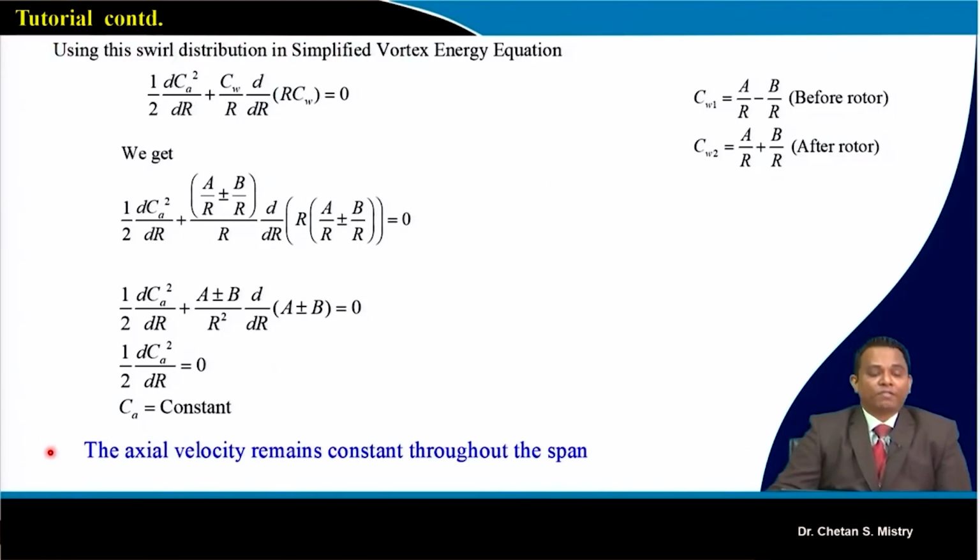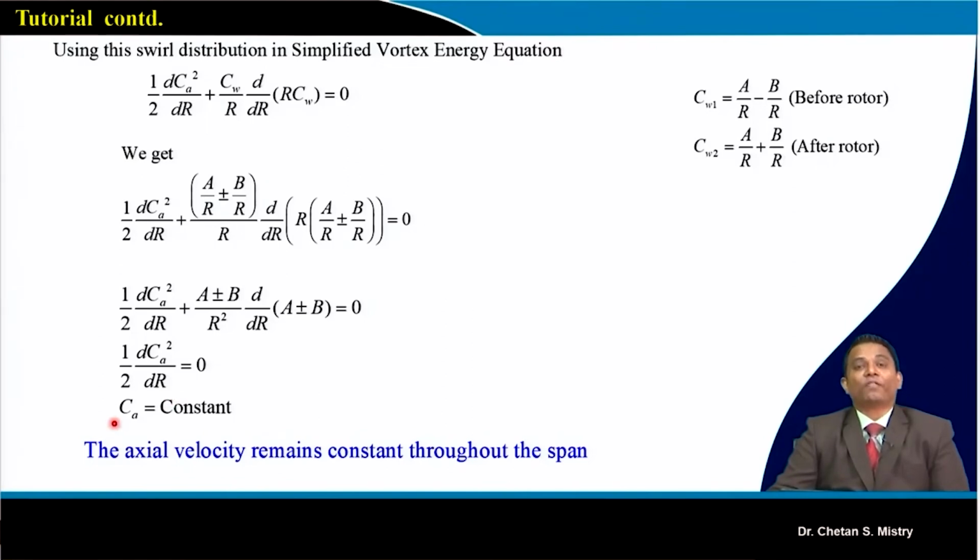Now, we have our axial velocity variation that we derived with the simplified vortex energy equation. In this equation, in place of CW, we can write A by R plus or minus B by R. If we put this in this formula, we get 1 by 2 dCA square by dr equal to 0. In that case, you can say my axial velocity is constant.